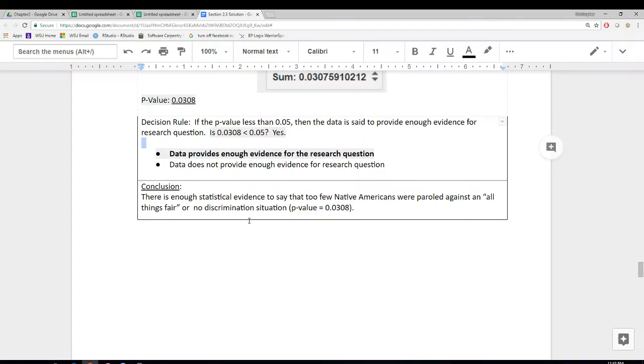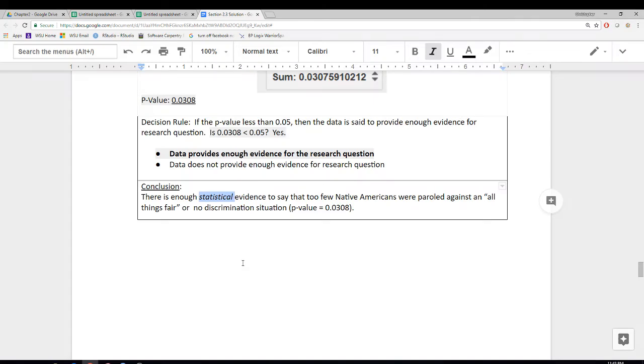Now, when we're doing this, we need to put this in context a little bit. I've just evaluated whether or not there is discrimination from a statistical perspective. When we're taking this to trial, we have to do much more than just convince the jury that there's enough statistical evidence that discrimination took place.